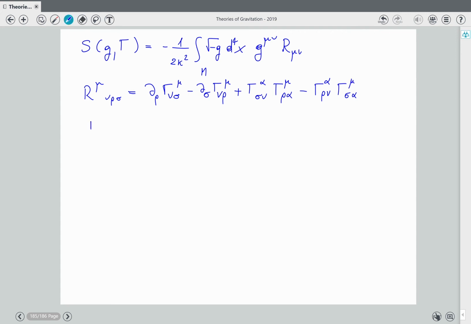And so the Ricci tensor, set mu equal rho, you do not need to use the metric tensor to contract those two indices.